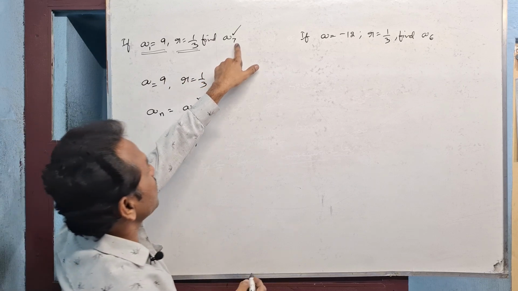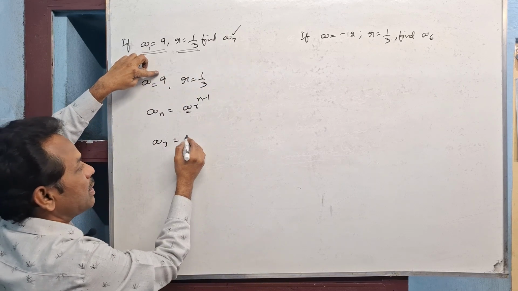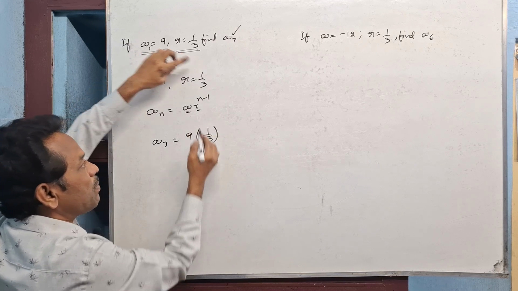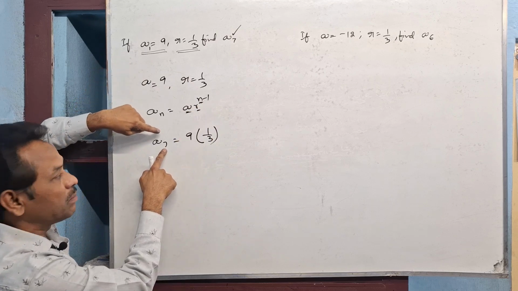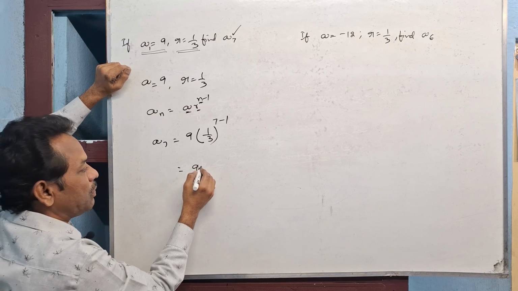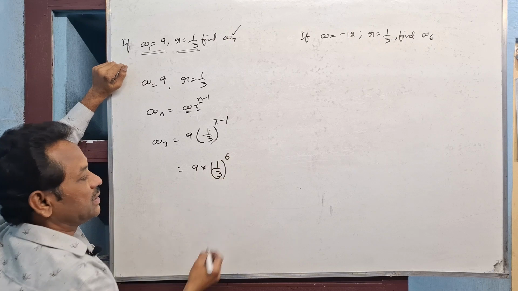So A7 equal to 9 into 1 by 3 to the power of 7 minus 1, that is 6.